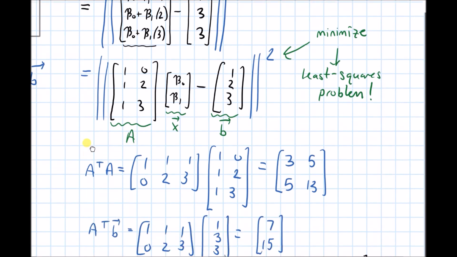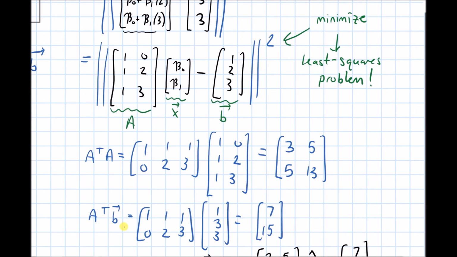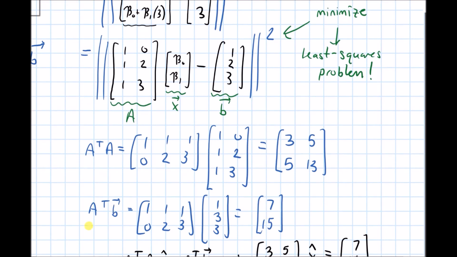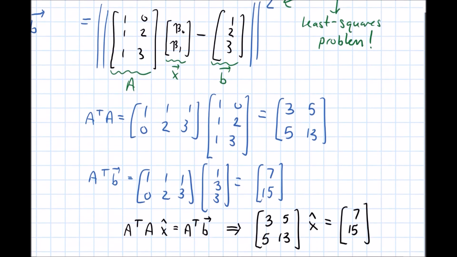I've also computed A transpose times B, and that ended up being 7, 15. At this point, we're ready to set up our normal equations. We get the equation 3, 5, 5, 13, that's A transpose times A, times this vector x hat that we're trying to find, equal to 7, 15.